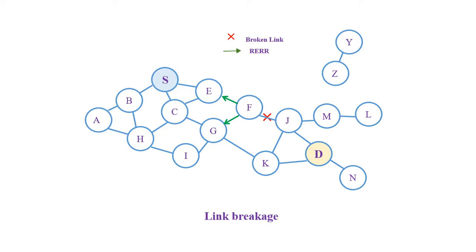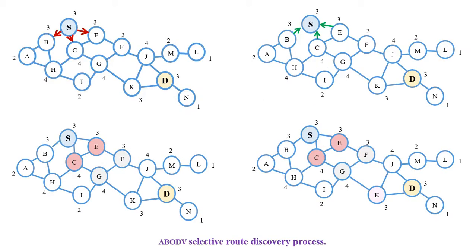In this figure, we see a link breakage where neighbor nodes inform the requesting node about it using a routing error message. In this figure, we see the ABODV selective route discovery process.